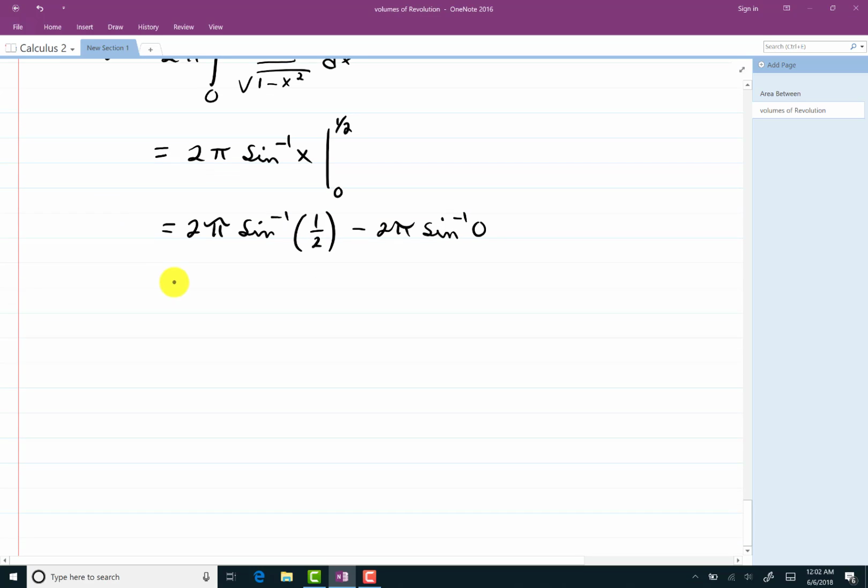So I get 2 pi. Arc sine of 1/2 is pi over 6. Arc sine of 0 is 0. So I end up with pi squared over 3.